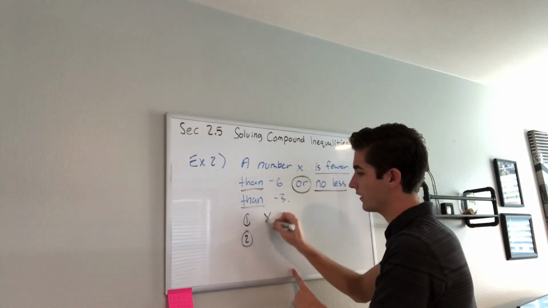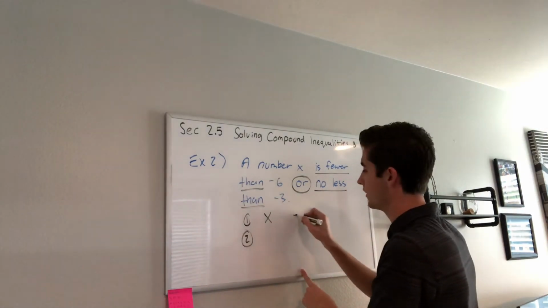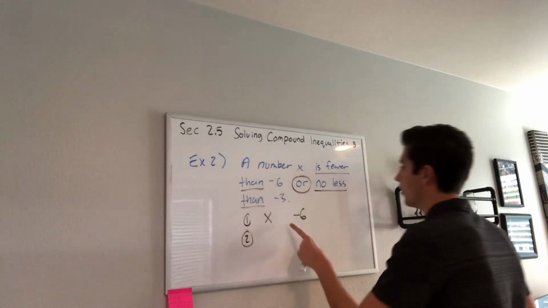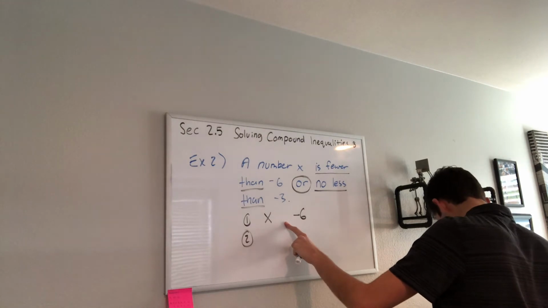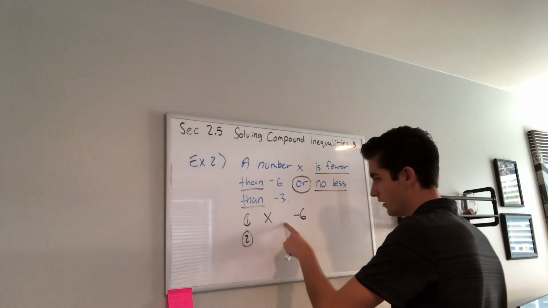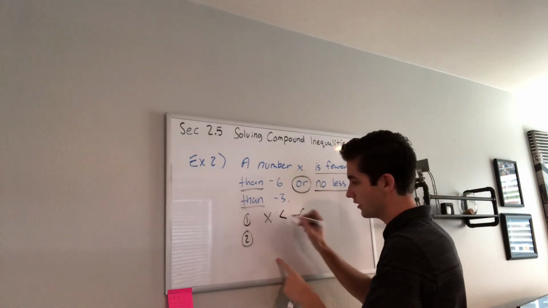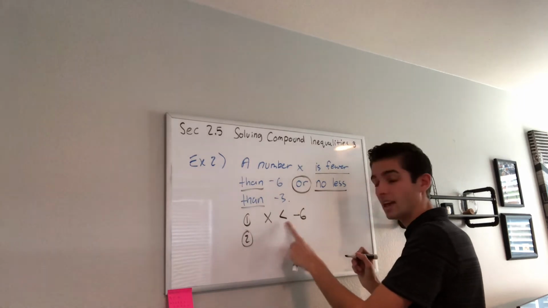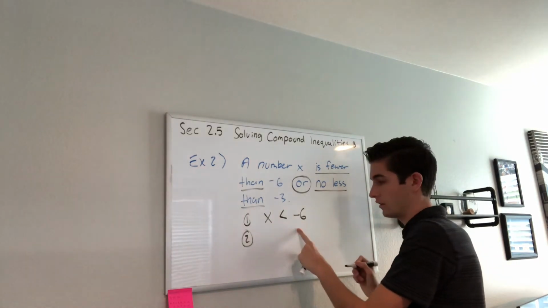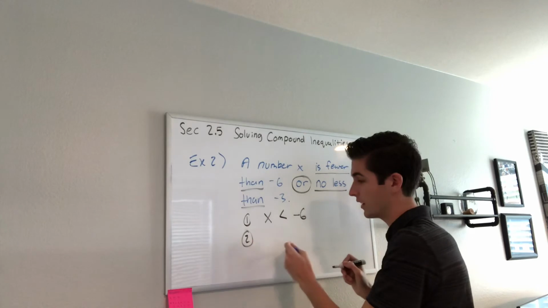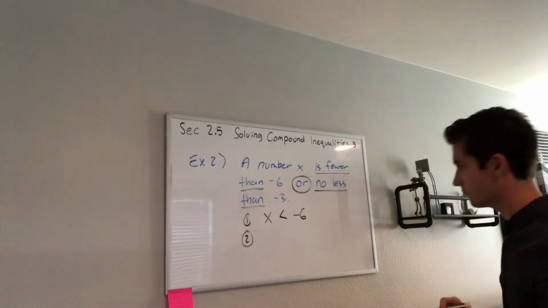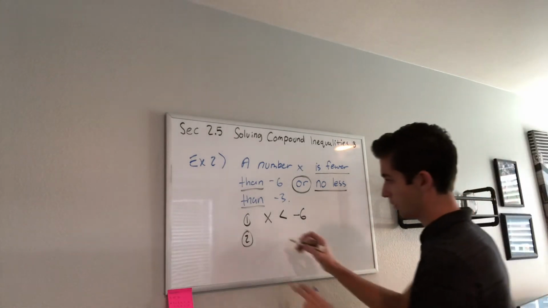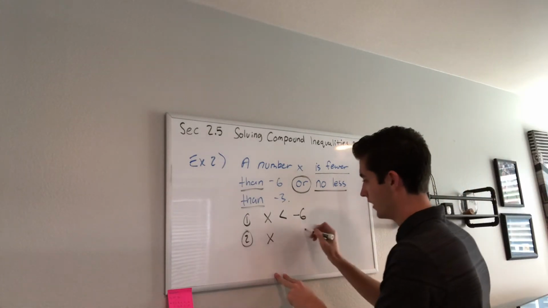So we have x, we have negative 6. What does is fewer than mean? So x is fewer than negative 6. It can't be negative 6, but it could be fewer than. So x is less than negative 6. Well, our next one, we have x and negative 3.